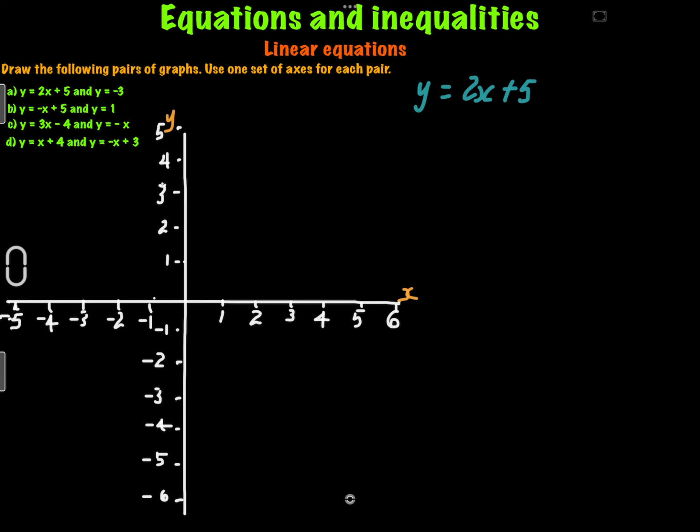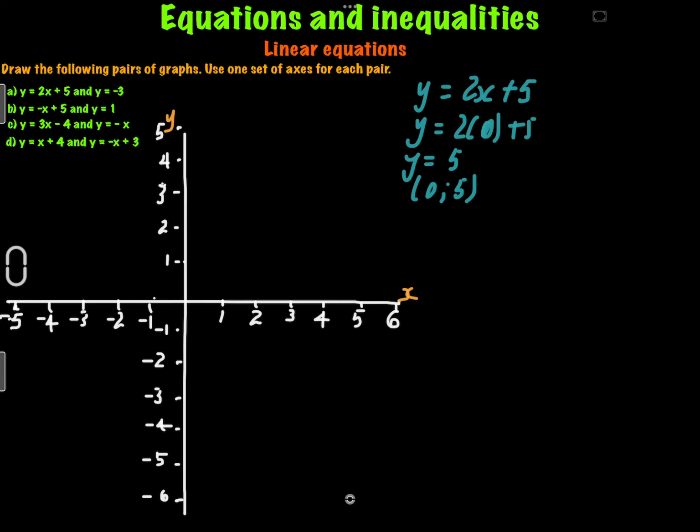Now we want x to be 0, in other words to find the intercept of y. So y equals 2 times 0 plus 5. 2 multiplied by 0 gives us 0, and all you remain with is 5. So when x is equal to 0, y is 5.